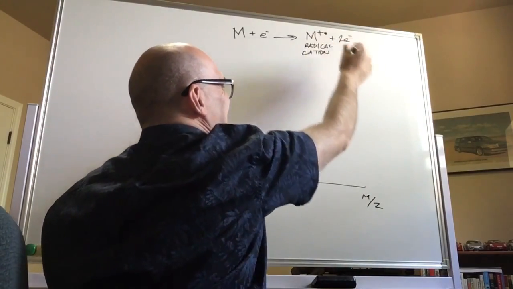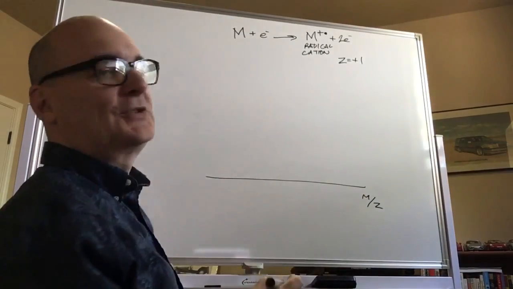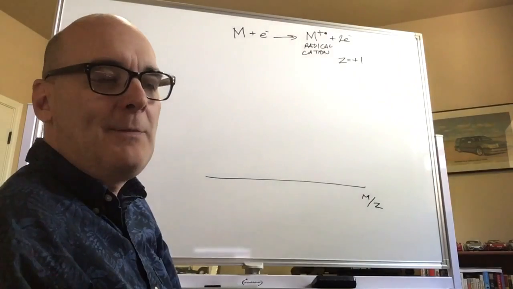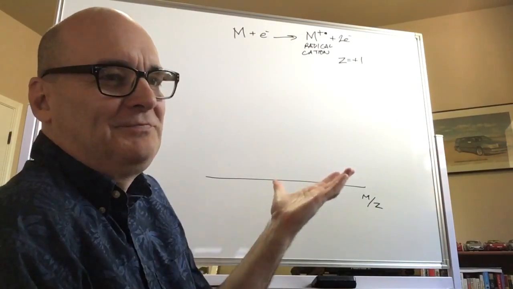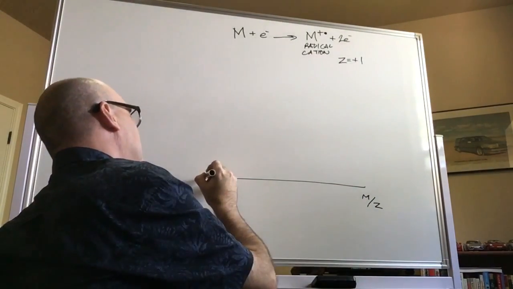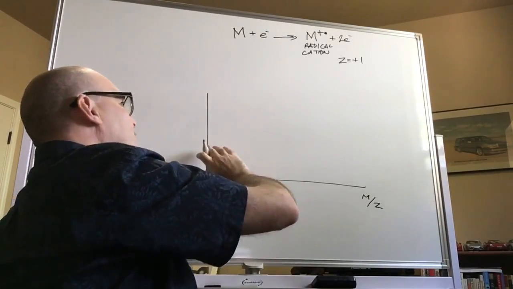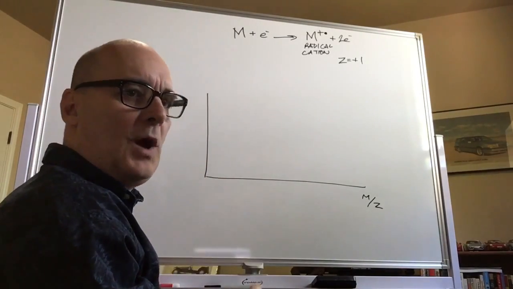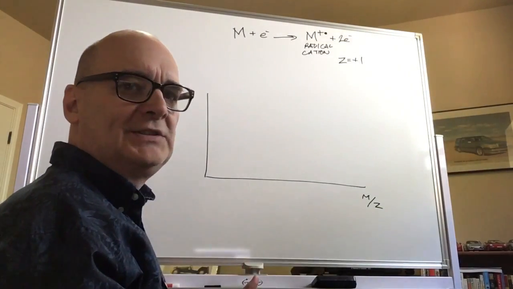And so my Z, my charge, is +1. So this M over Z is my mass divided by +1. So it's mass, right? This is a mass scale. And then I have really an arbitrary number right here on the y-axis that just reads amount.